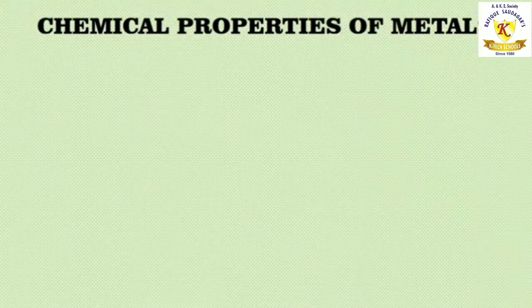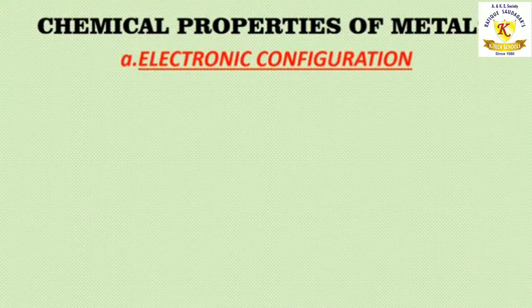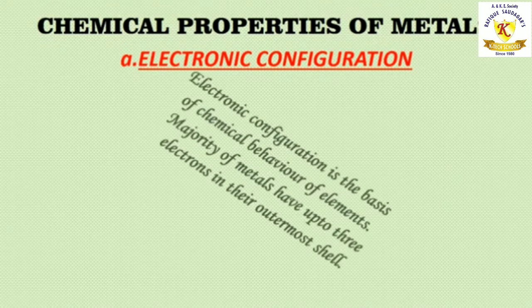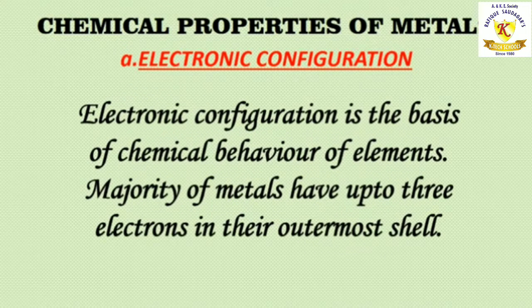Chemical properties of metals. The first property we have is electronic configuration. Electronic configuration is the basis of the chemical behavior of elements. The majority of metals have up to 3 electrons in their outermost shell.